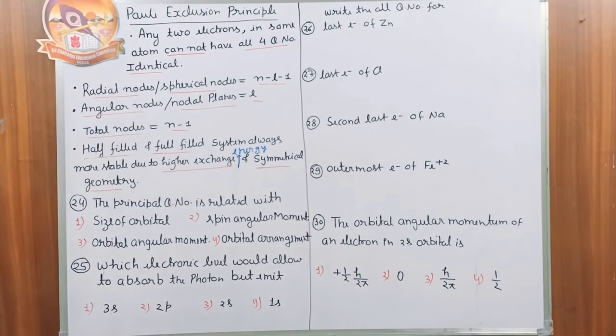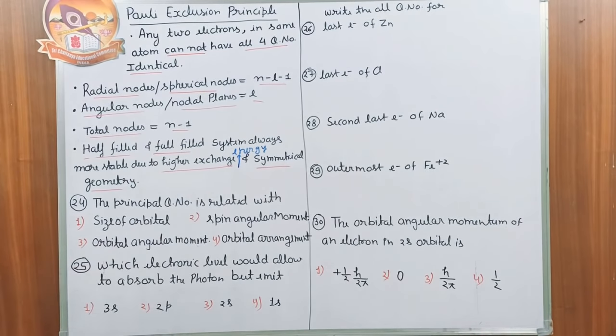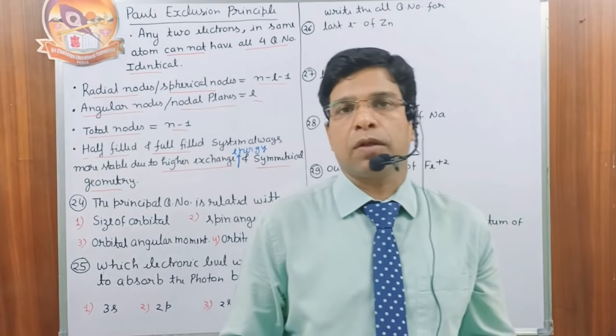Now in question number 24, it is given that principal quantum number is related to the size of the orbital, spin angular momentum, orbital angular momentum, or orbital arrangement in 3D space. So the second cannot be possible. Spin angular momentum is given by the spin quantum number.